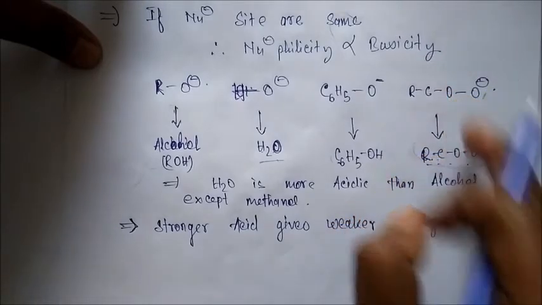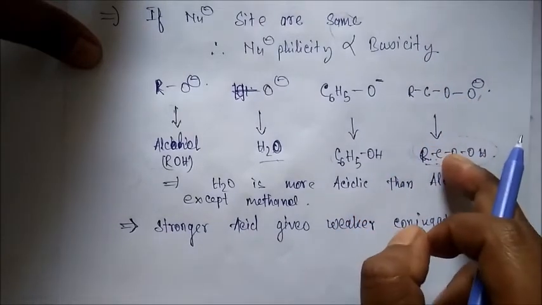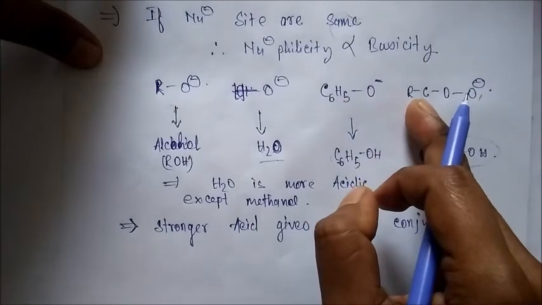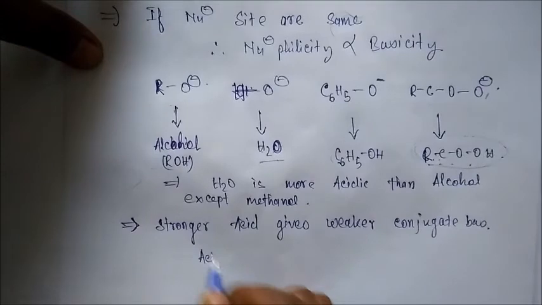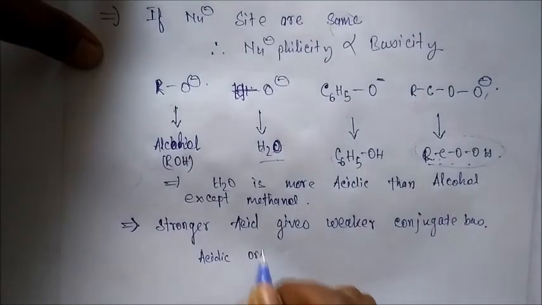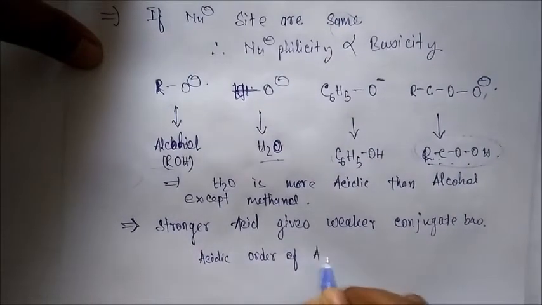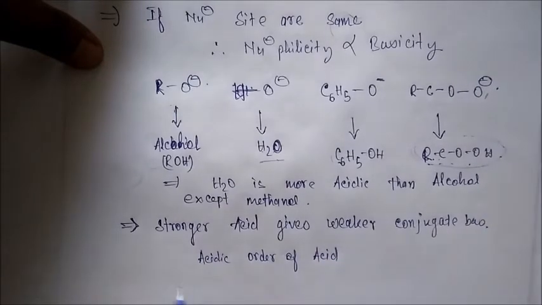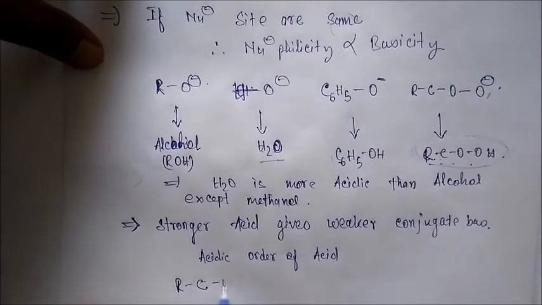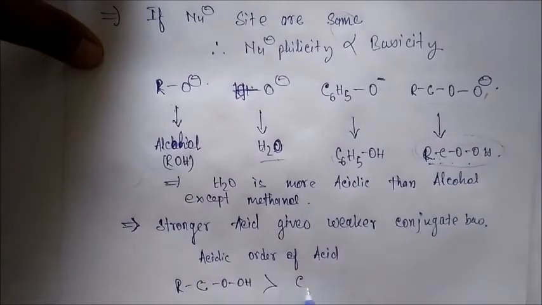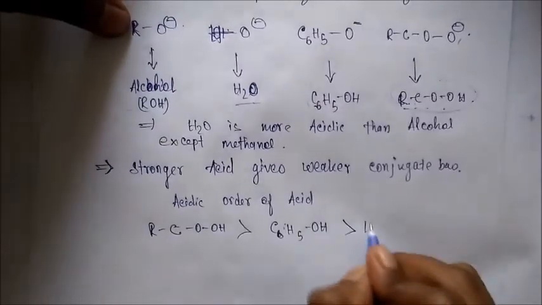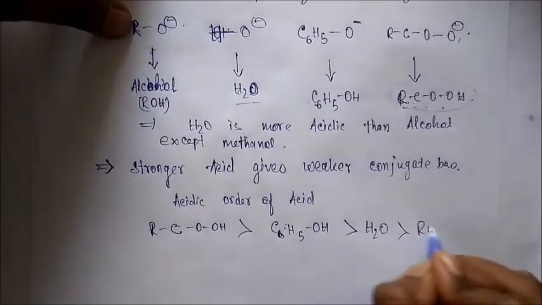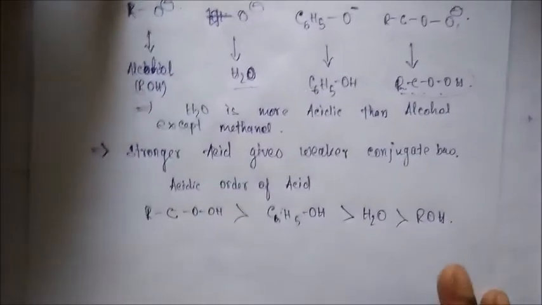The conjugate base of this most acidic one is the least basic. So the acidic order of acids will be RCOOH, C6H5OH, and we have water, then we have ROH.